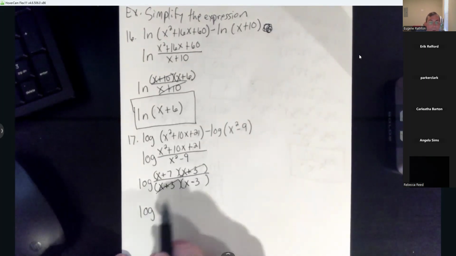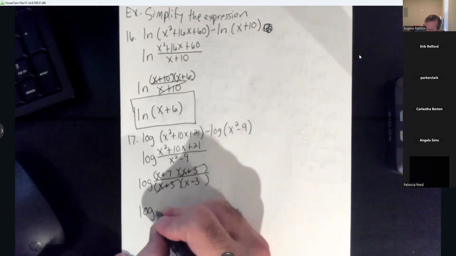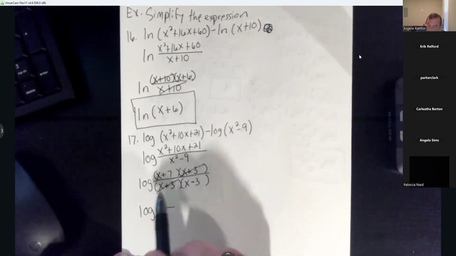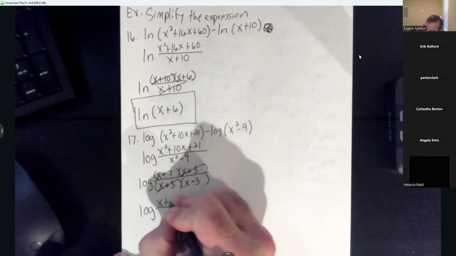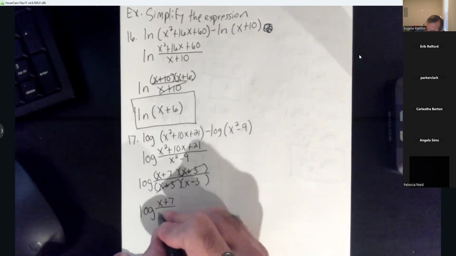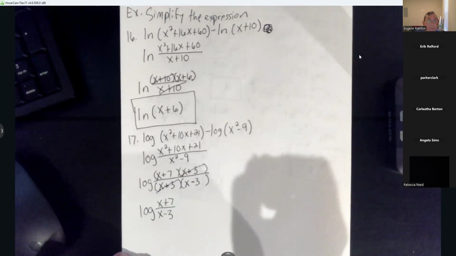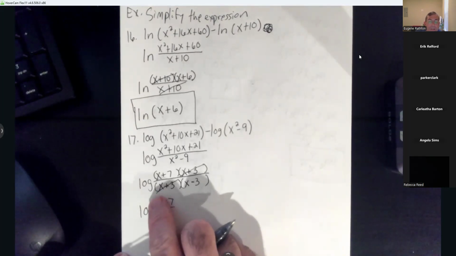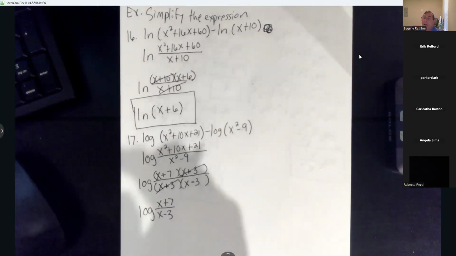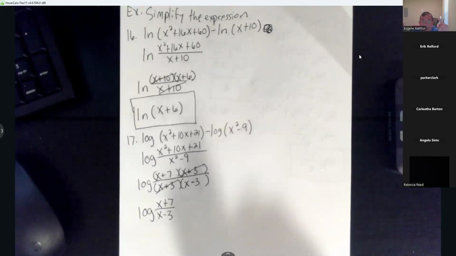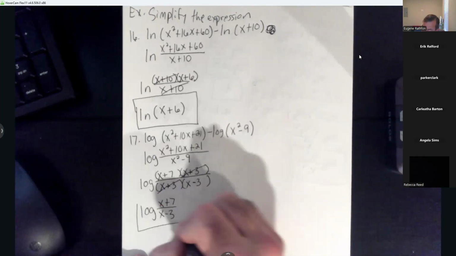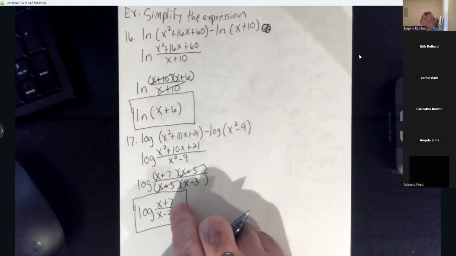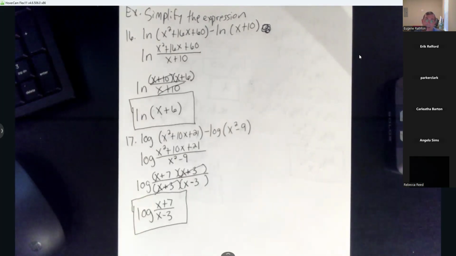So I end up with a log. Now, since you're ending up with a fraction here, we do not need parentheses. I'm going to have an x plus 7 on top and then an x minus 3 on the bottom. Because when you've got fractions, it's understood that the numerator and denominator are technically in parentheses, so you don't need them, okay?